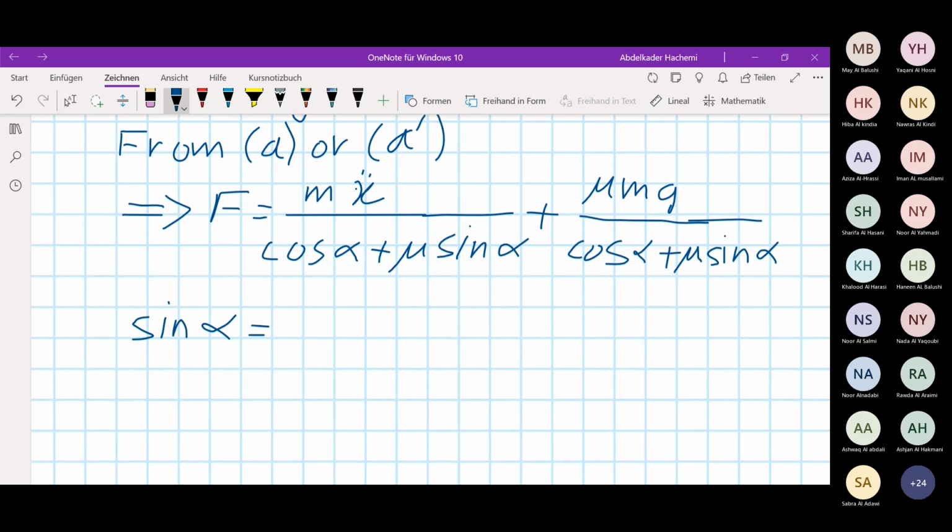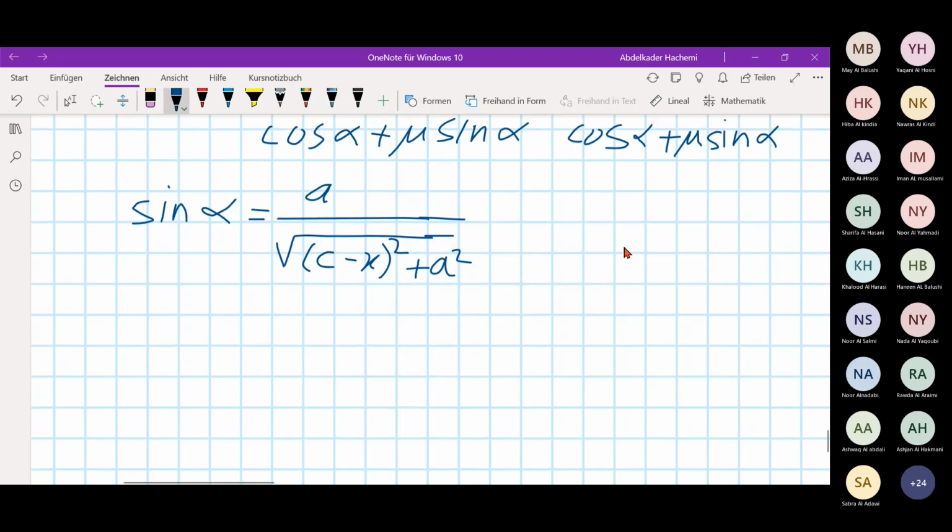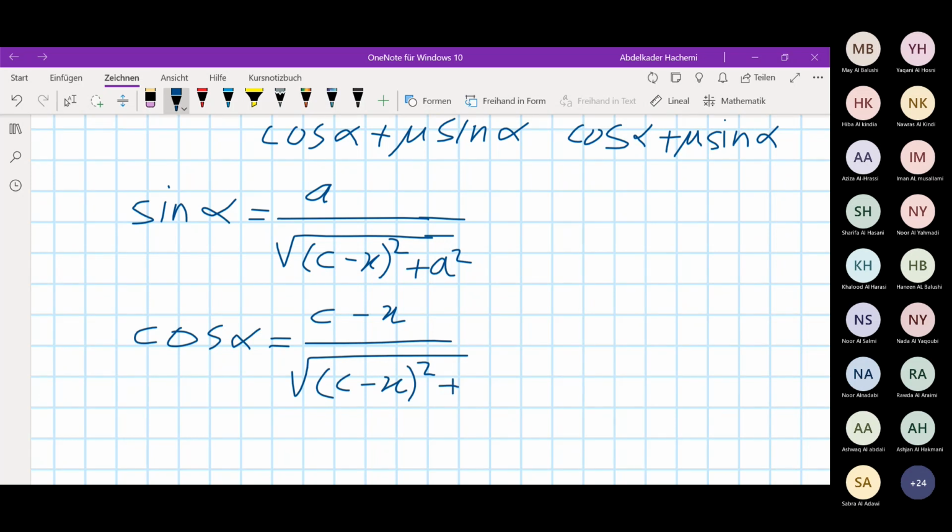Sine alpha is only a divided by the square root of (c minus x) squared plus a squared. And cosine alpha is c minus x divided by the same square root of (c minus x) squared plus a squared.